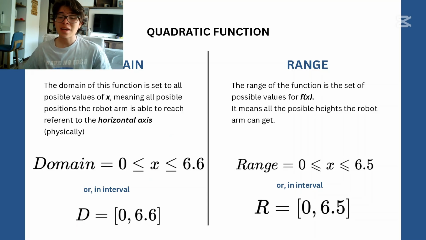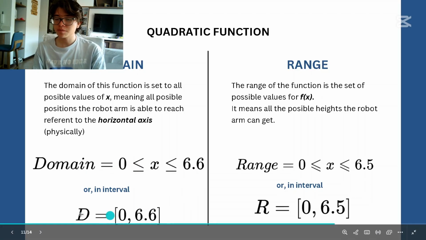Why? Because the mathematical domain is from minus infinity to infinity, but our robot arm isn't infinite. It has to be physical. So the physical limitations of our robotic arm made this domain from 0 to 6.6.